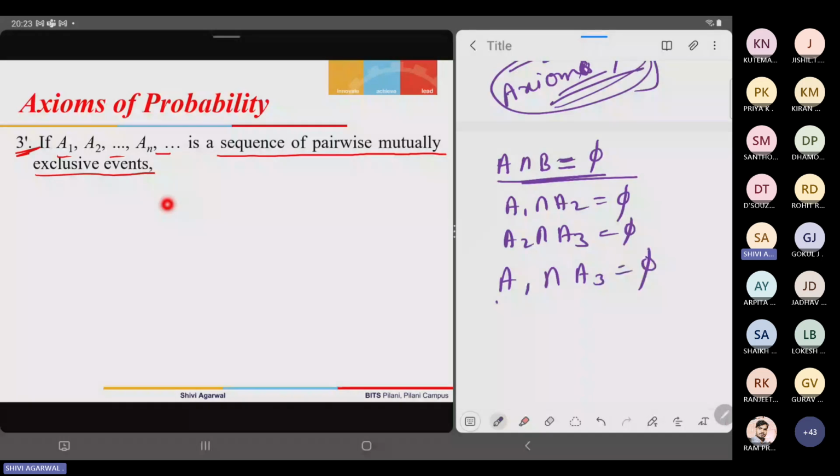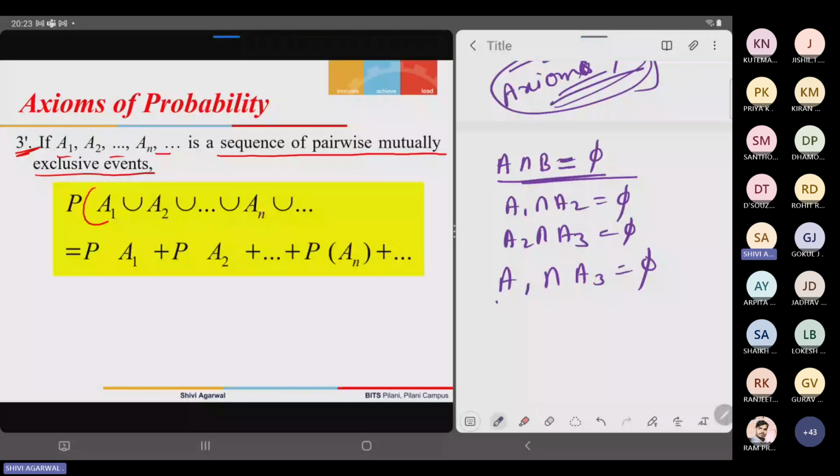So their union is defined as: probability of A1 union A2 union A3 up to An is equal to the probability of A1 plus probability of A2 plus, and so on, plus probability of An. Got it? That is the extension of the third axiom for n events. Initially we talked about 2 events, and now it is stated for n events.